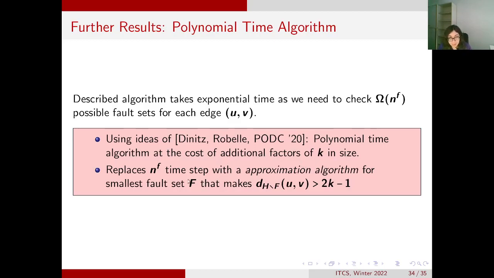At a very high level, the idea is to replace this n to the f time procedure with an algorithm that approximates the smallest fault set f that causes the distances to go above the threshold. And this approximation algorithm is what adds some additional factor in size.